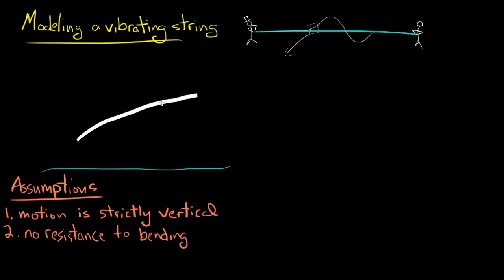Well, on either side of the segment of string we have the rest of the string, and the rest of the string will be tugging on either end, and this is the force of tension. Now tension, the tugging, can only happen in a direction which is tangent to the end of the string. And so we have these tension forces in directions tangent at either end of the string.